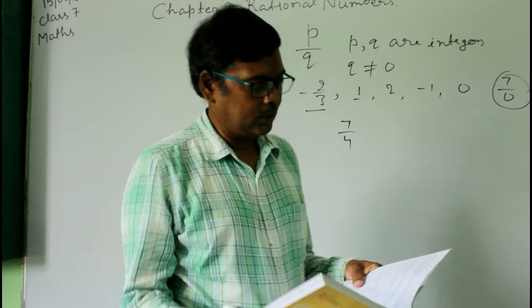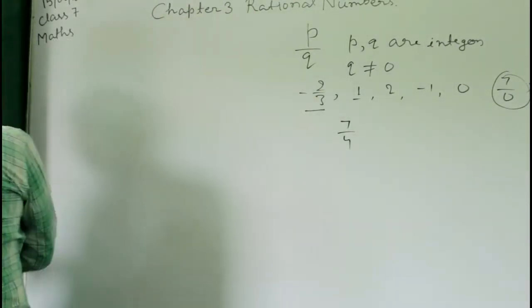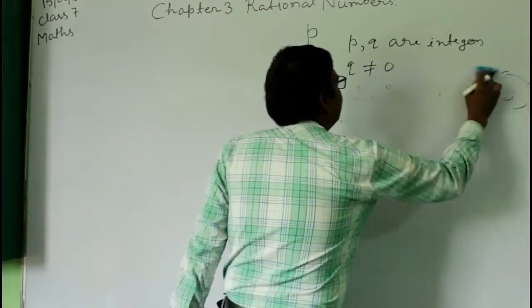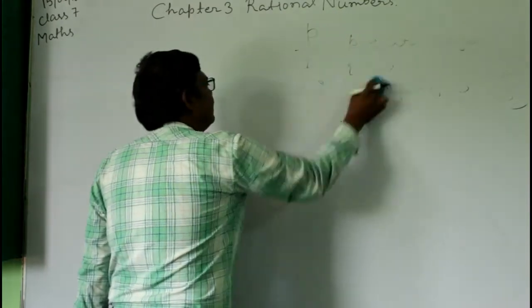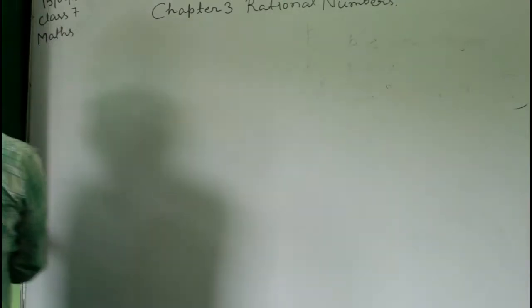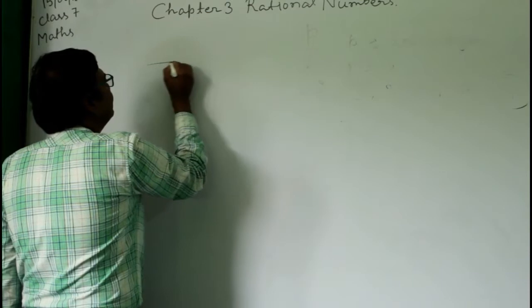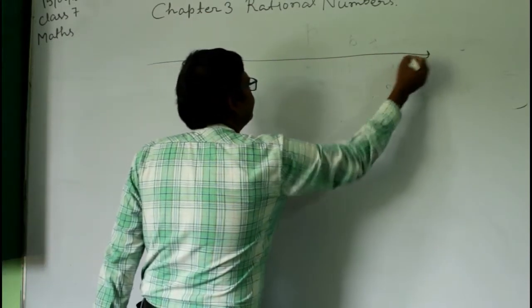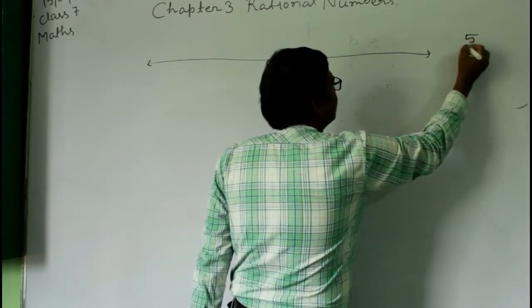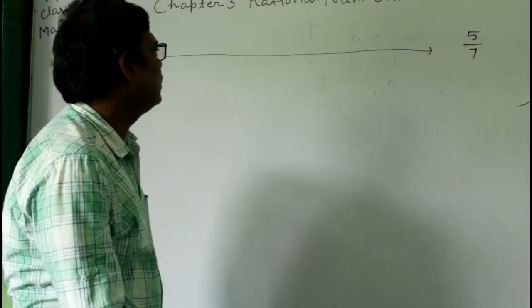So first, for example, there is a number 5 by 7, and we have to locate this number on the number line.